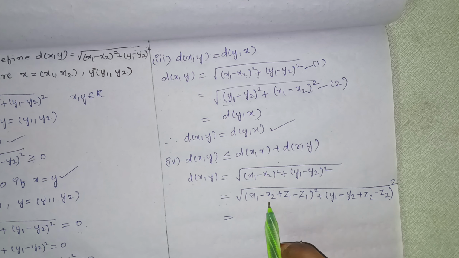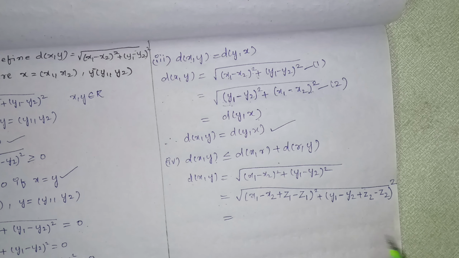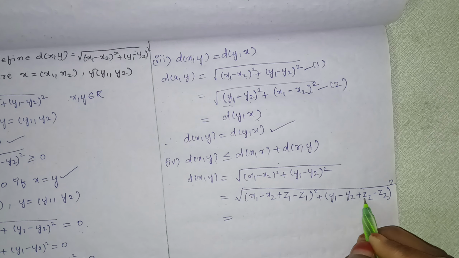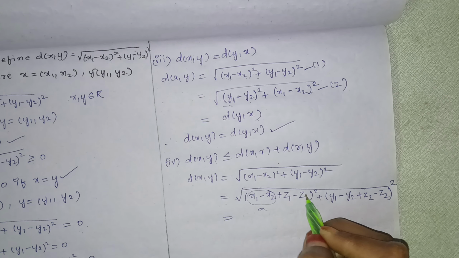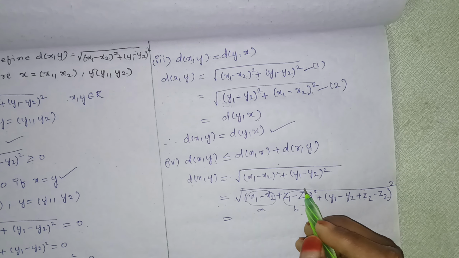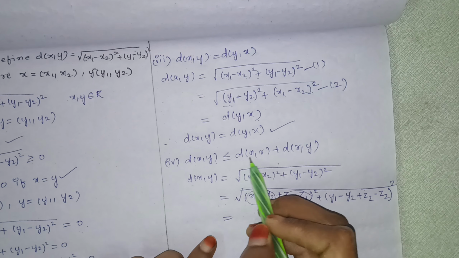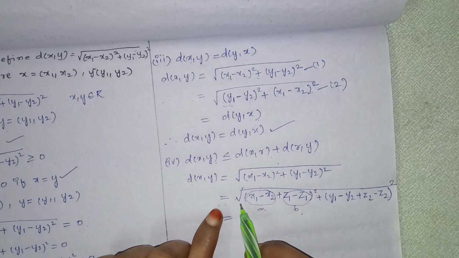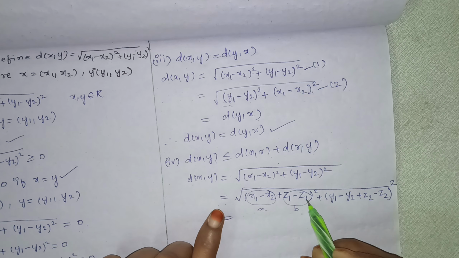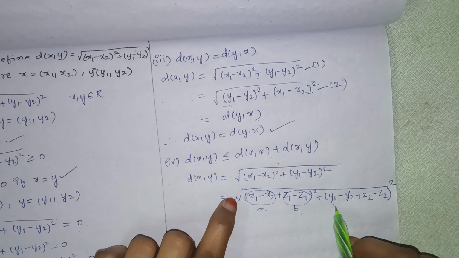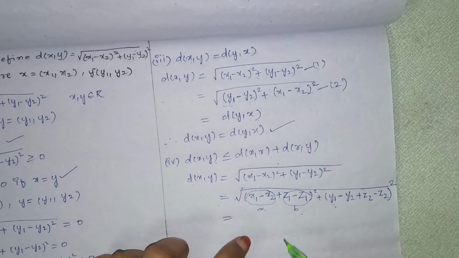Can we further divide this term like previous problems? No, right? Because here the root is there and we have the square terms, which is, if we take this as a and this as b, a plus b whole square. So we cannot divide this equation further so that we get d of x comma r plus d of r comma y. We cannot divide further.